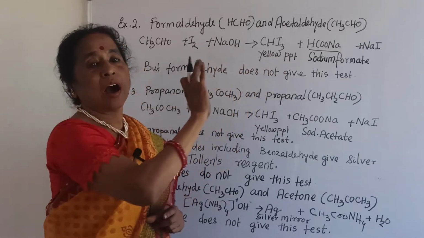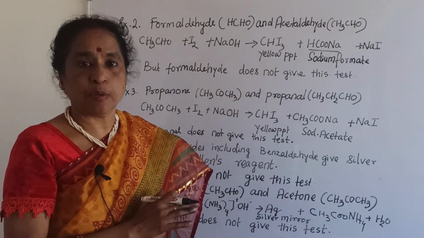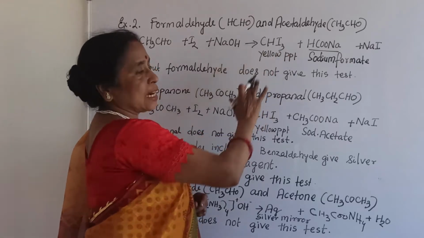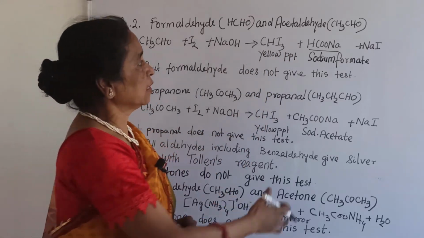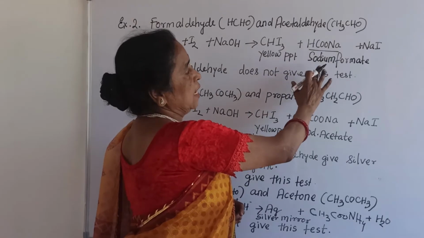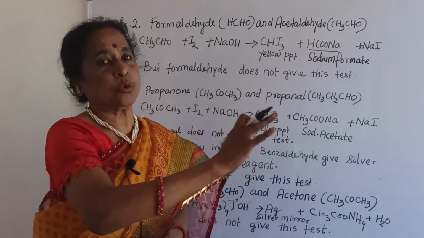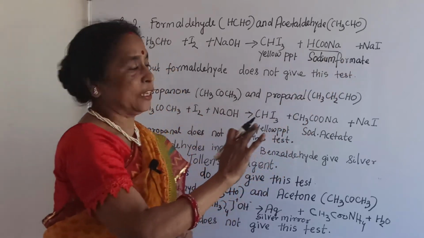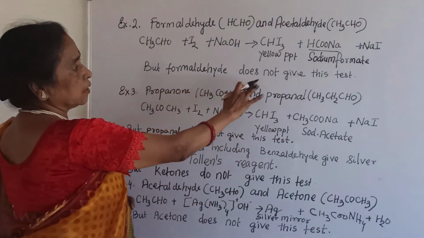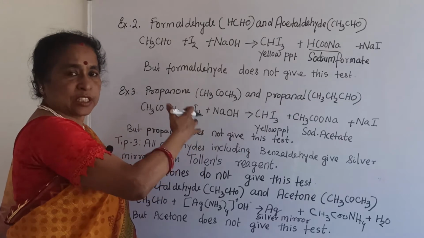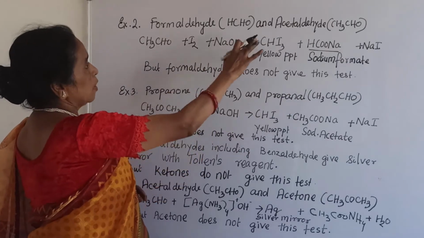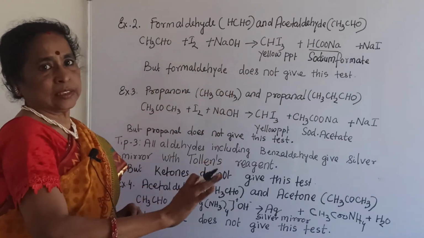This will give a yellow precipitate of iodoform. What is the formula? CHI3. And what are the byproducts? HCOONa, that is sodium formate, plus NaI. But formaldehyde does not give this test. After the reaction, you should mention that formaldehyde will not give this test.